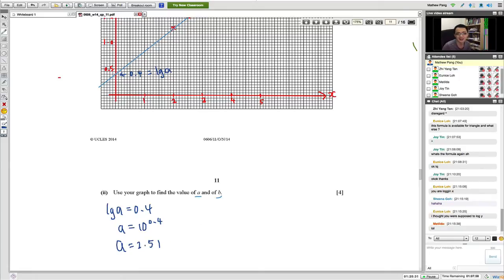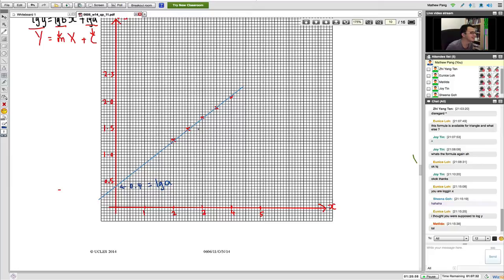Let me see, is my answer correct? A is 3, allowed from 2.8 to 3.2. My A is out of the range. Why? Maybe my straight line is not so accurate. Let me scroll up a bit.